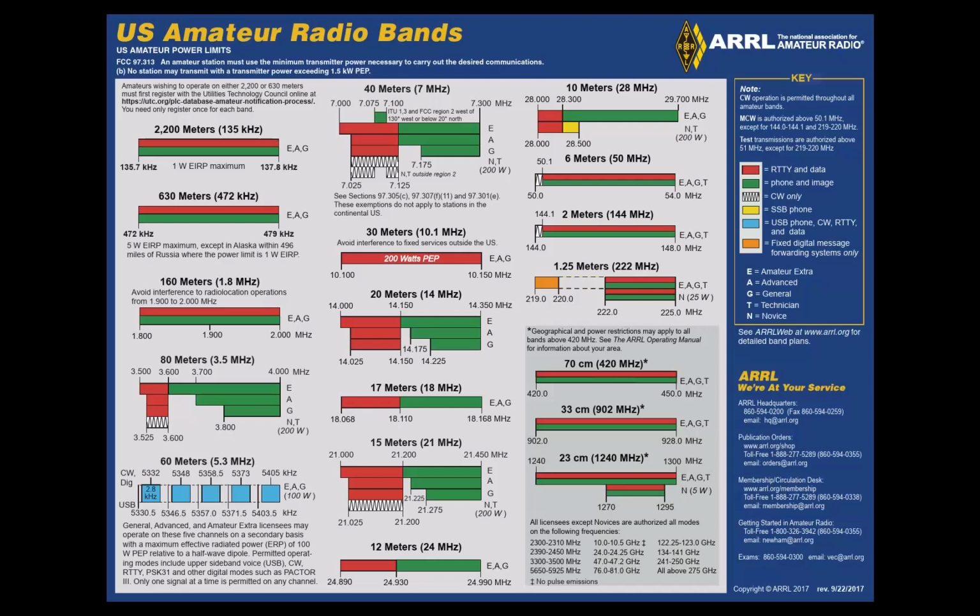But again, remember the rule is nobody owns any of those frequencies. You don't have any more right to those frequencies than anybody else, even if you're a net, and you've used that frequency for ages in the past. It doesn't really matter. If somebody else is on that frequency, you don't have right to that frequency. So the answer to this question is, have a backup frequency in case of interference or poor conditions.